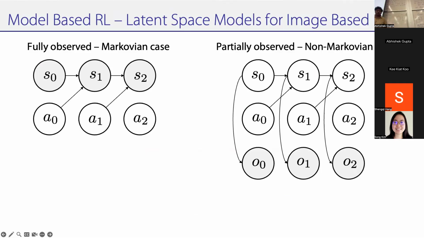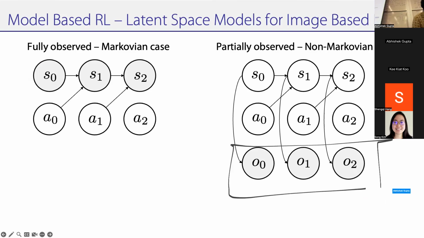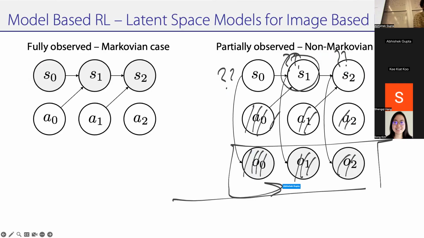Instead, they've been going to what you'd call latent space models, things that are partially observed. For those of you in my 478 class, it's like Bayesian filtering, the same thing. You can see observations, it's a little hard to see, but these are observed. You can see actions, but you cannot see states. So it's non-Markovian. You have to infer what the state is from a history of observations.